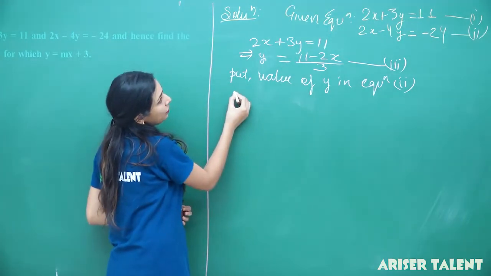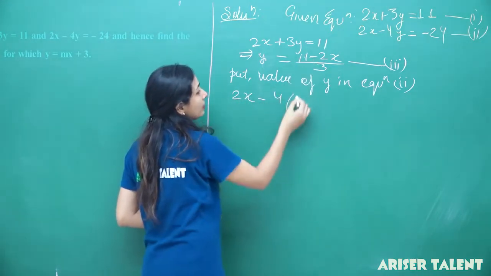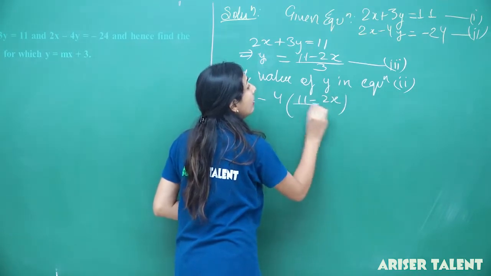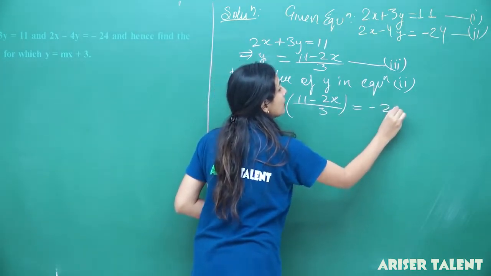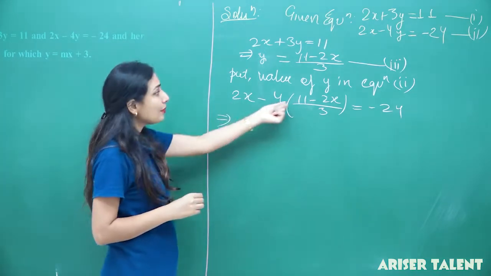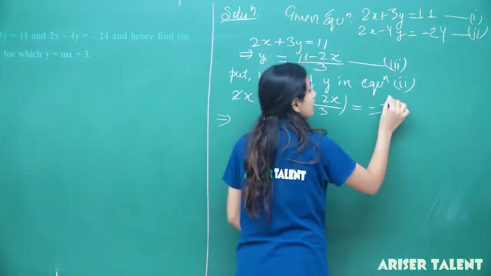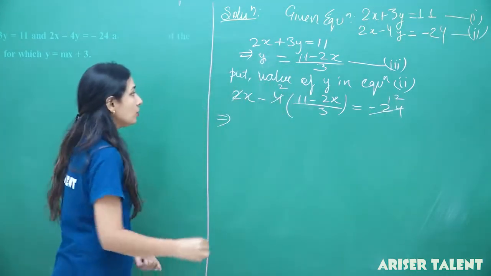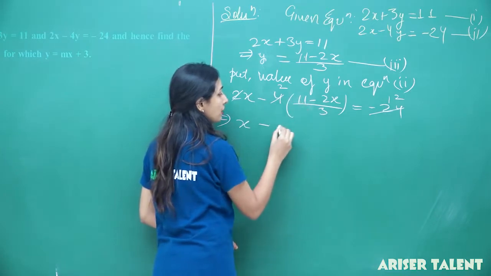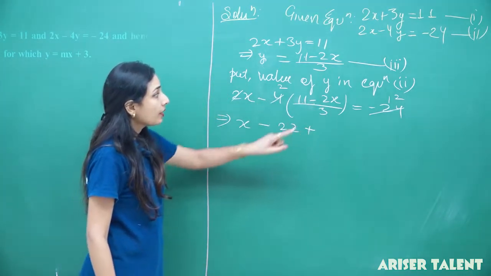So that will be 2x minus 4 times y, equals minus 24. If that is so, then I can just eliminate this 2, right, students? By 2 times and by 12 times. Okay, so x minus 22. This minus and minus will become plus.